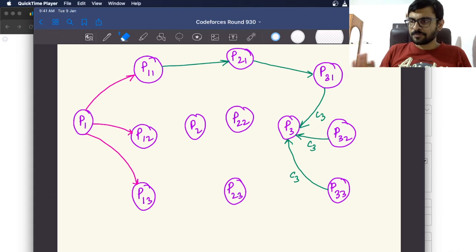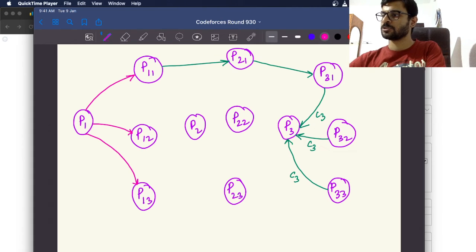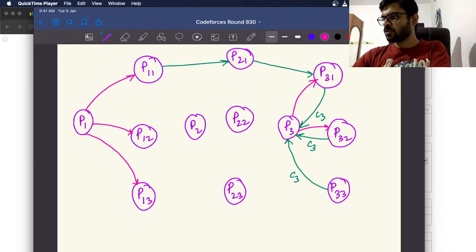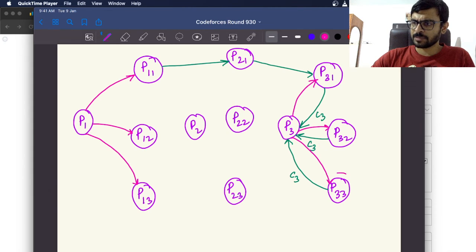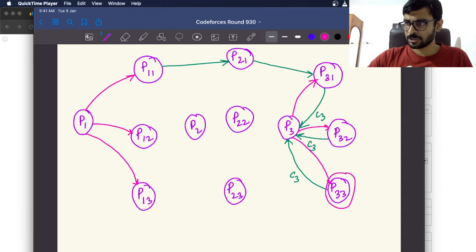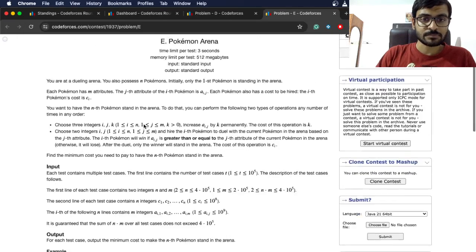This logic holds. If I want to go the other way, which I have done using those pink arrows, there I should not need any cost, because I'm basically going and saying, okay, please use your weapon, please use your third weapon, what is that called, third attribute.